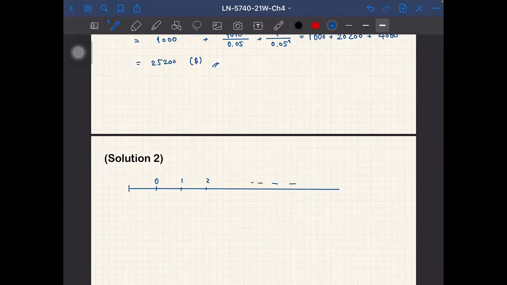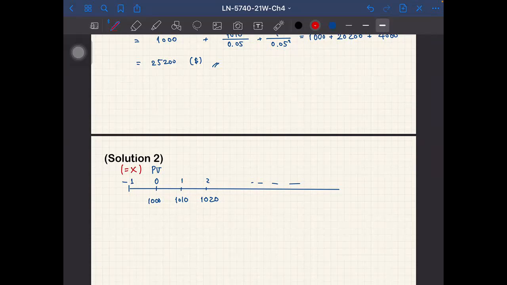So we have 1,000 at time 0, 1,010 at time 1, 1,020 at time 2. But we think about the time point t equal to -1, and the value at -1. Finally, we want to get PV, but suppose we first get this value x at t equal to -1.